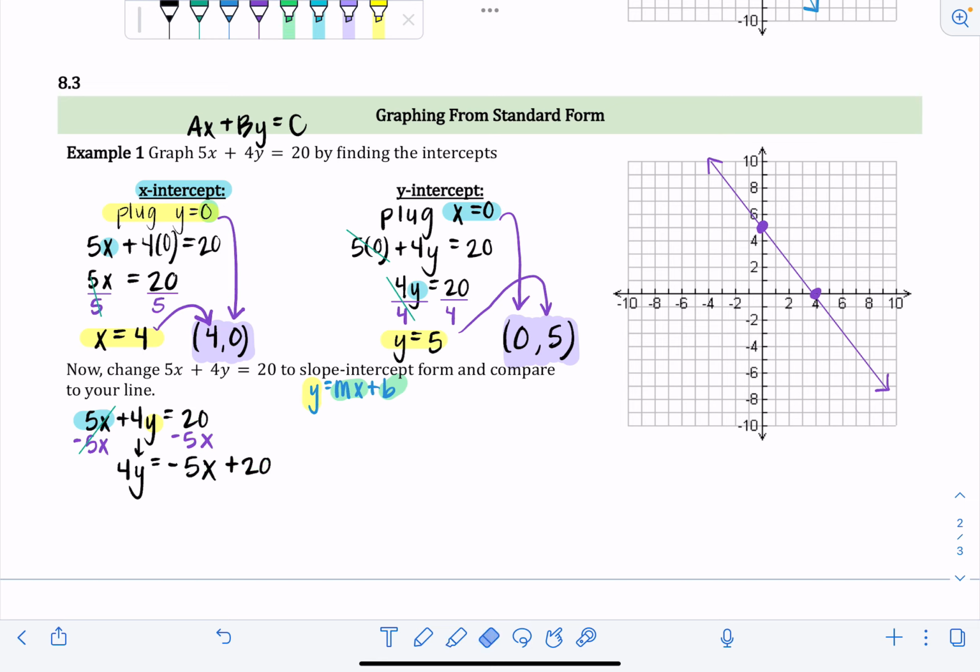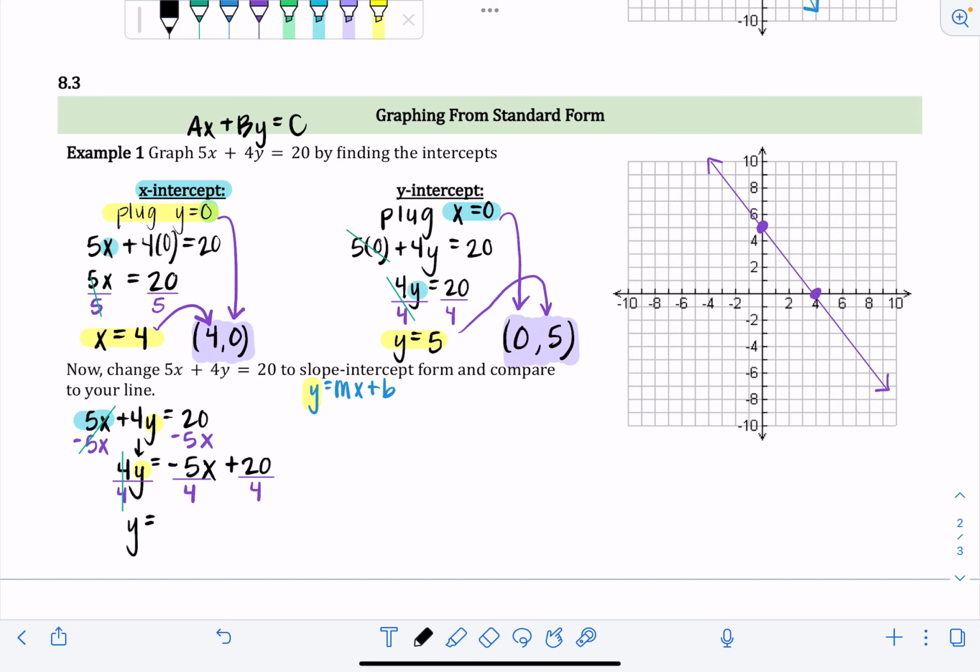And then if the ultimate goal is to get y completely by itself, I have a 4 that is being multiplied by the y. So I'm going to have to divide both sides by 4. And I have to divide everything in the equation by 4. So the negative 5 and the 20. So 4 divided by 4, that cancels out, and it gives me just y, which is what I'm going for.